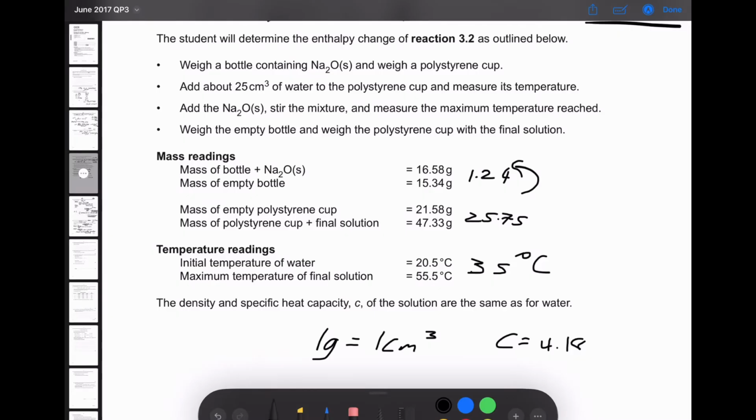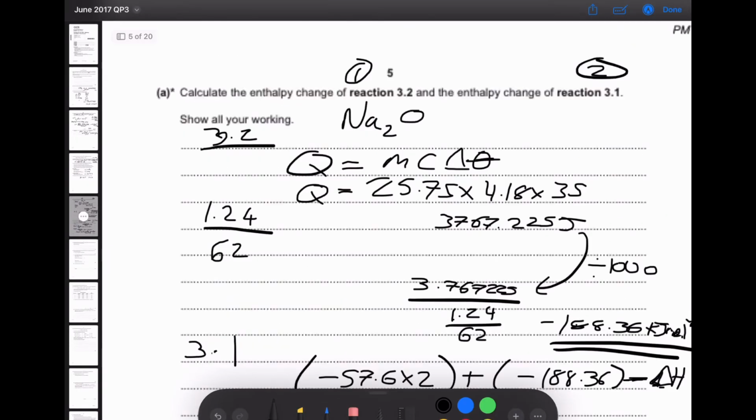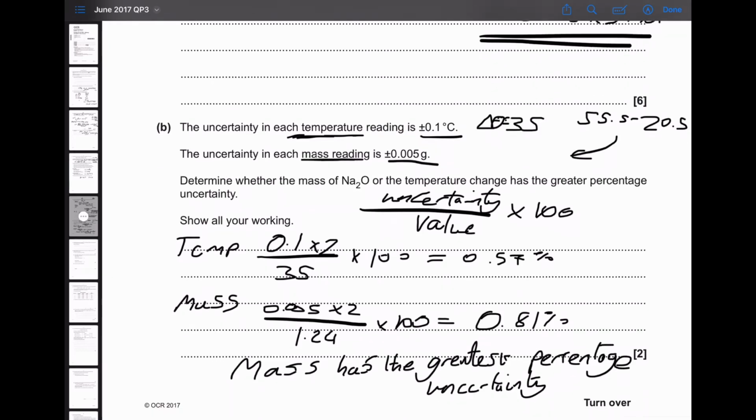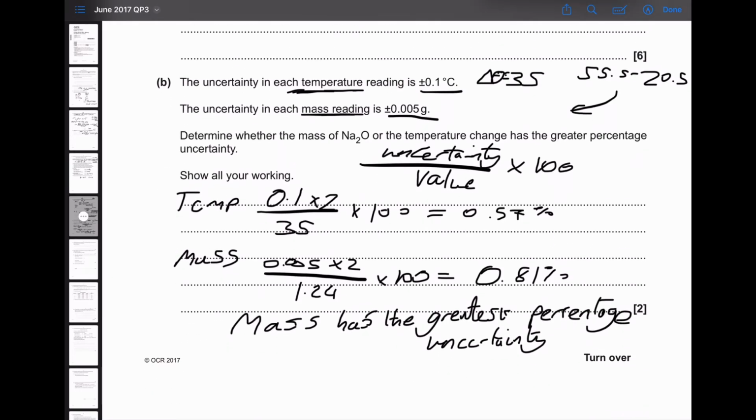I'm doing change in reading in temperature here, so I have to do the uncertainty twice. It's all about, first of all, practice, and second of all, noticing small little details that they'll try and trip you up on.